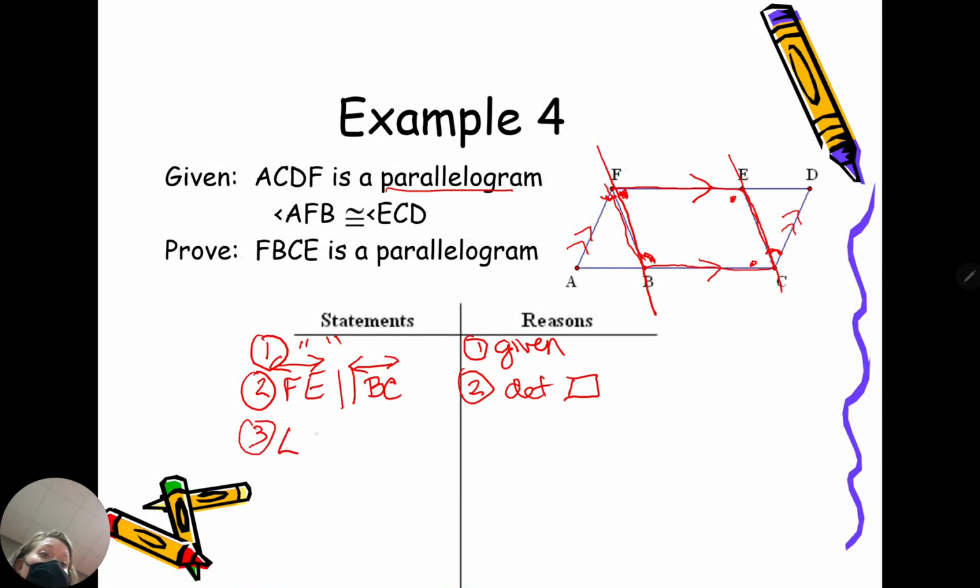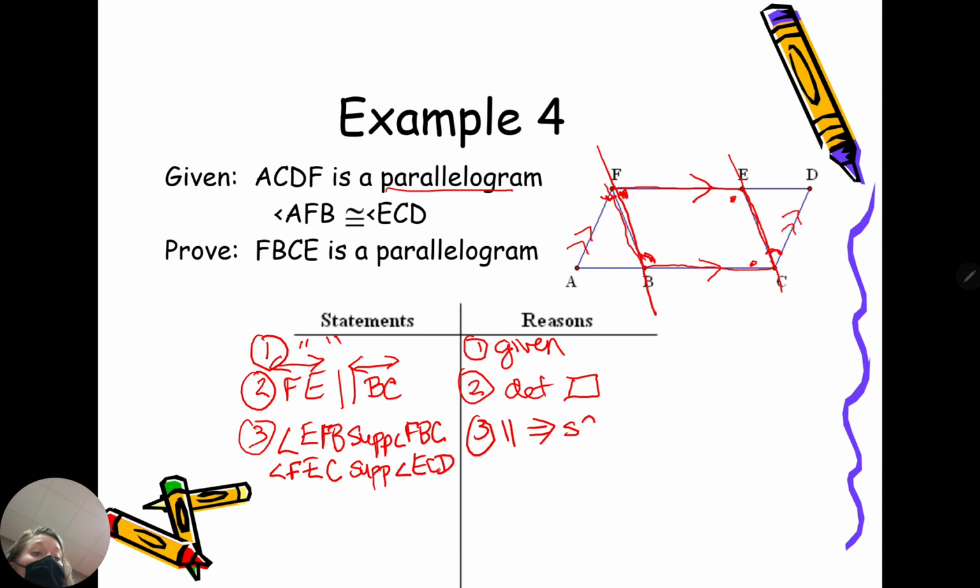So angle EFB is supplementary to angle FBC, and angle FEC is supplementary to angle ECD. Parallel lines, same side interior angles, supplementary.